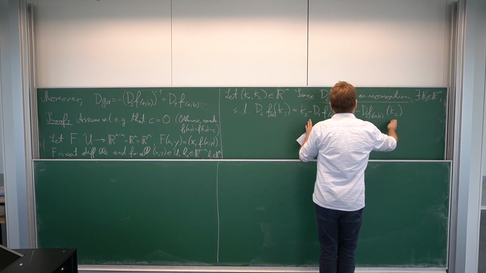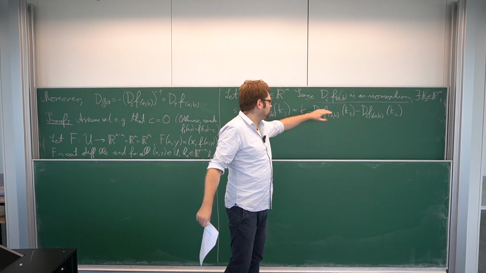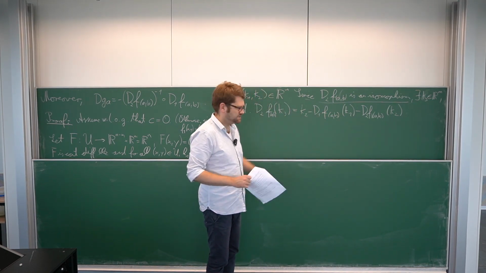This is just some arbitrary vector, but since D2f is an isomorphism, it's surjective, so we can find some element which maps onto that.